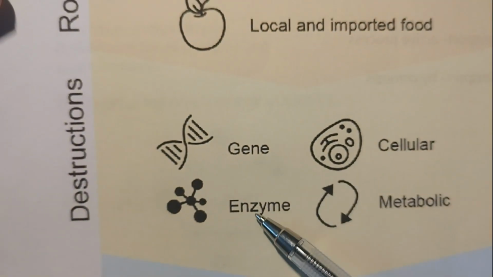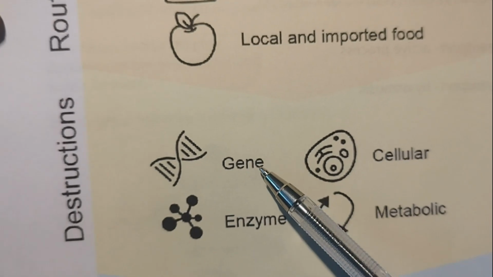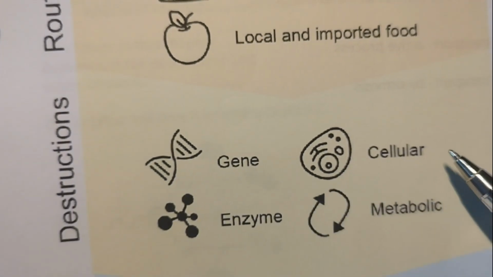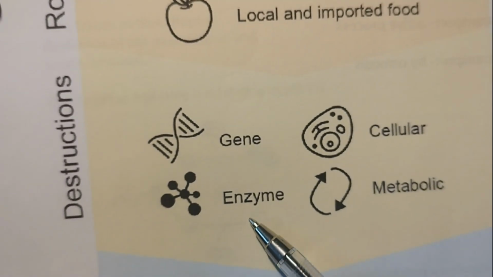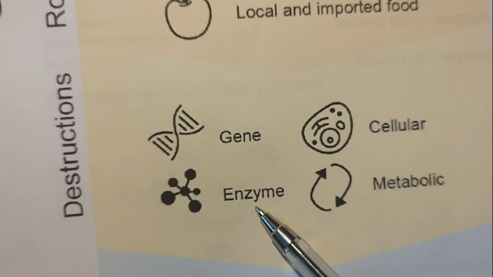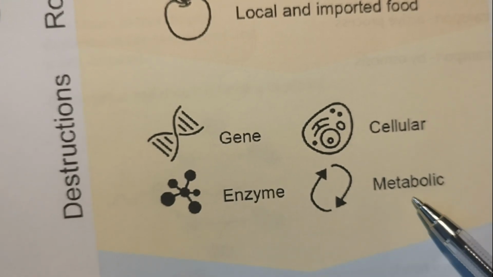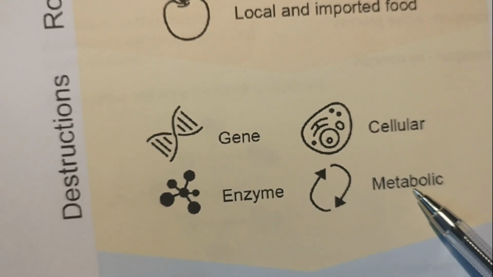Now, how do they harm us? So they damage our genes, they damage our cells, they damage the enzymes that are involved in different reactions in the body, and they can disturb the metabolic reactions in the body.